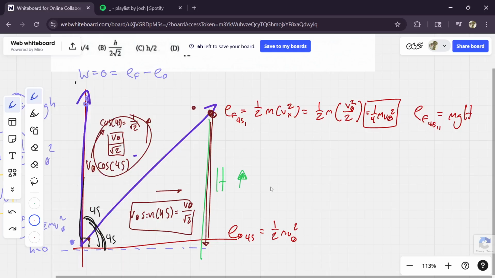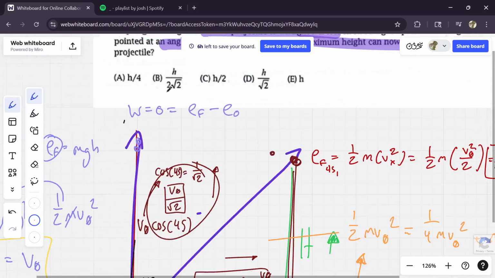So I'm going to take 1/2 m v initial squared, which is our initial, and set it equal to our 1/4 m v initial squared plus our mgH. So this is kind of taking our two values up here and our initial value, and all we did is the same thing we did over here, right?